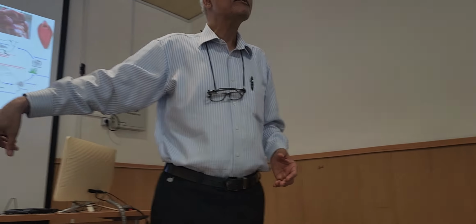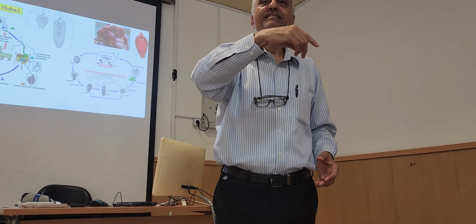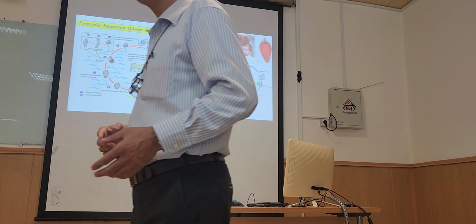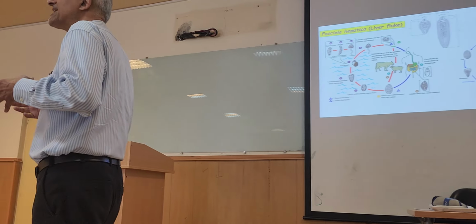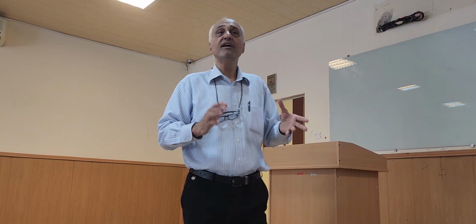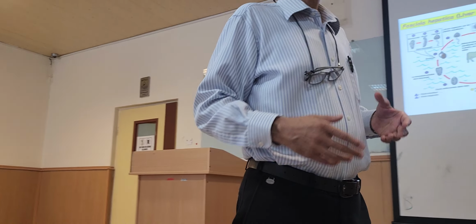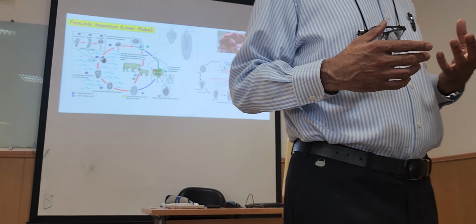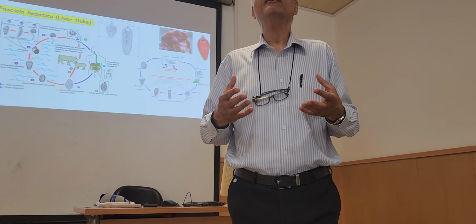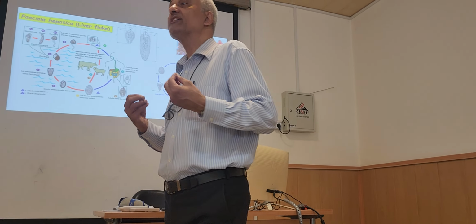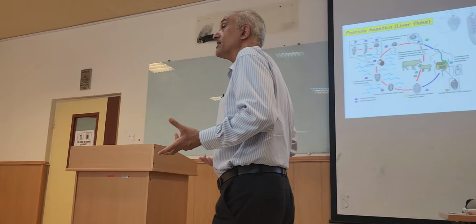Eggs inside the water get access to the snail, freshwater snail. Inside the freshwater snail some developmental stages happen, and then after we have cercaria. Cercaria attached to the vegetables around the water become metacercaria. Metacercaria is the route of infection transmission to humans and other animals as well.